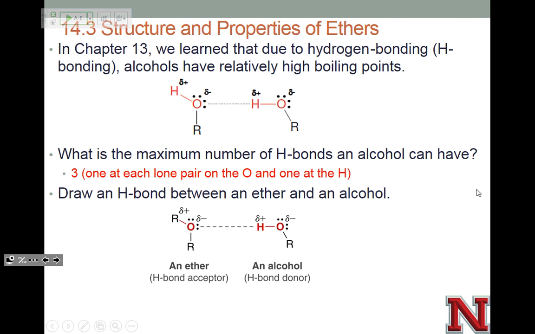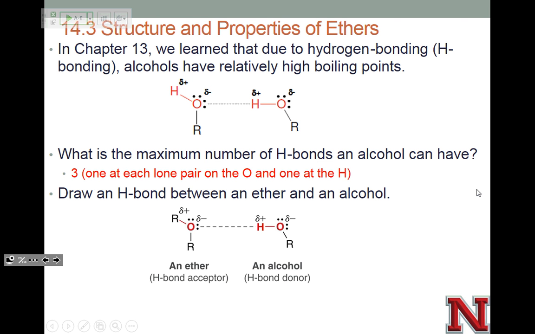With our ethers, however, depending on the size of the R group, very small R groups can form hydrogen bonds with water, but an ether cannot form a hydrogen bond with itself because it doesn't have the donor. It doesn't have the hydrogen that has a partial positive charge. So our ether has an acceptor. It has 2 acceptors. It has 2 lone pairs. So it can hydrogen bond with other things, but not with itself.